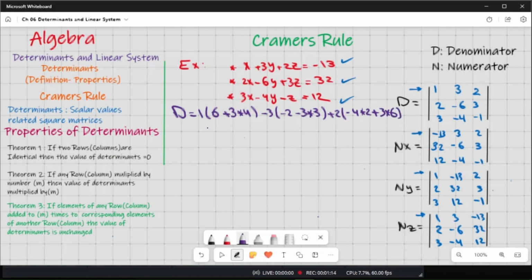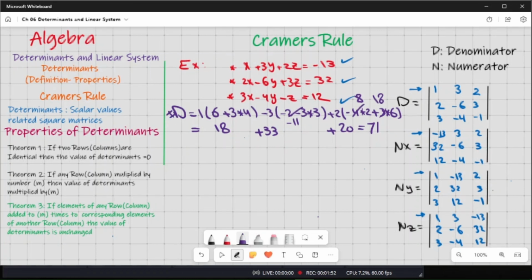So this is equal to 18, plus negative 11, so we have plus 33. Okay, and here we have 8, so we have plus 20. This will be equal to 71.